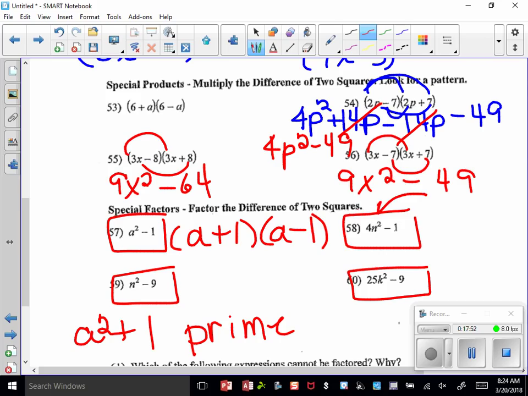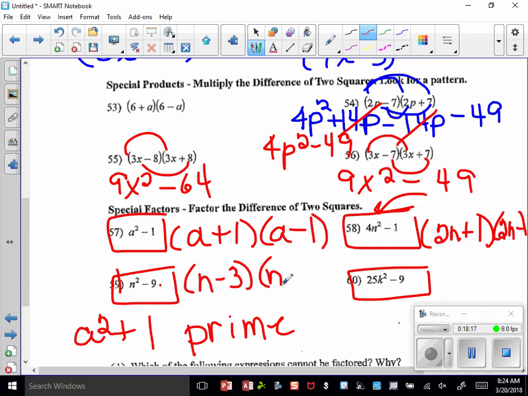So let's look at this one. 4 is perfect, 1 is perfect, and there's a minus sign. So I can factor it 2n plus 1 and 2n minus 1. 1 is perfect, 9 is perfect. 1n minus 3, you just take the square root, and 1n plus 3. 25 is perfect, and 9 is perfect.